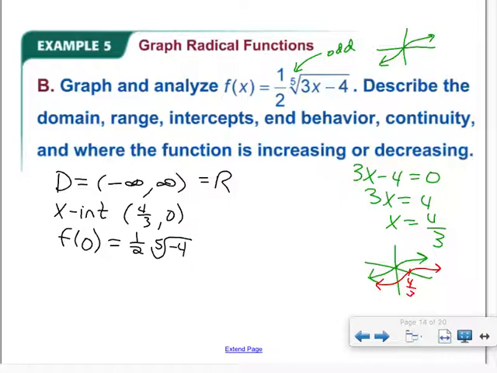Now, that's the exact answer. If you were to graph it, what you're looking for here is that point right there. Like, where am I hitting the y-axis? Well, the y-intercept, if you wanted an actual point, when you plug in 0, you get approximately 0.66.